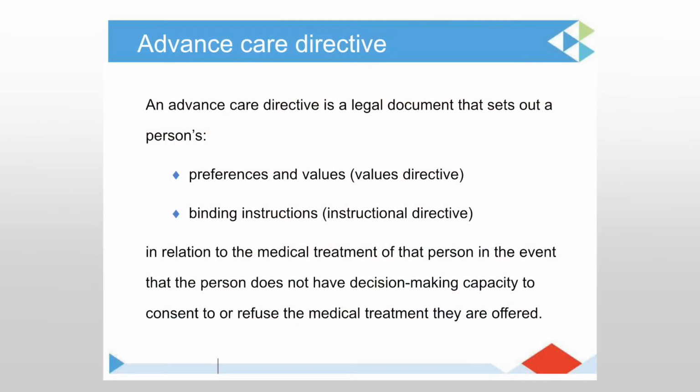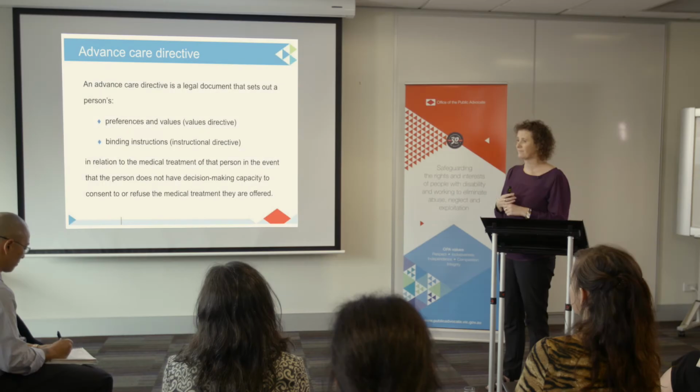An advanced care directive under the Act sets out two components. It can be a values directive, which is the person's preferences and values about their health care and about their medical treatment. And then there's the instructional directive, and that's the binding legal instructions upon a health practitioner.